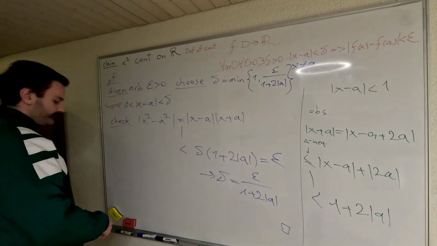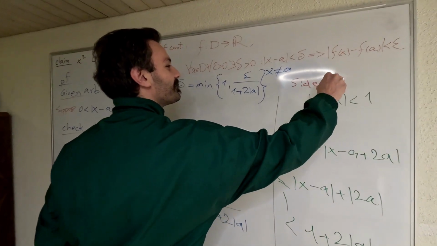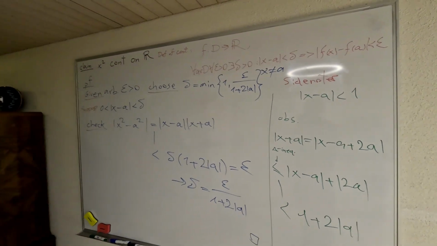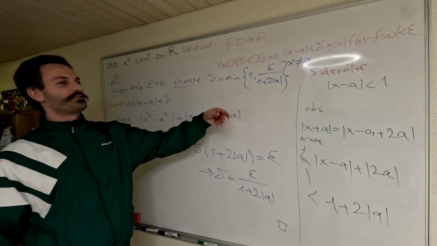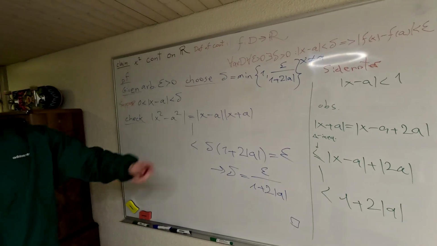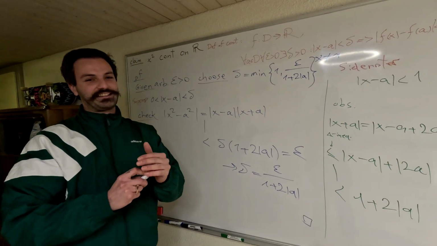And we made our side notes. And yeah, we picked one of the delta values to work with to come up with the final version of delta, and that is it.